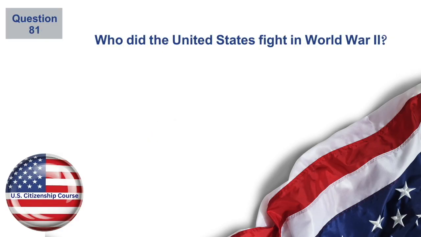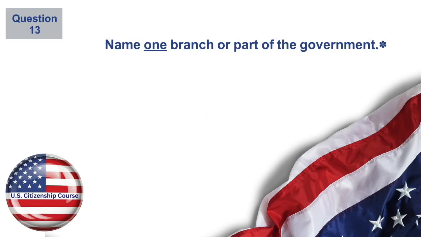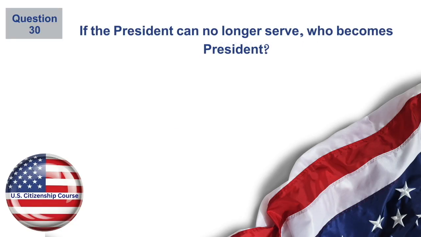Who did the United States fight in World War II? Japan, Germany, and Italy. Name one branch or part of the government. Congress. If the president can no longer serve, who becomes president?